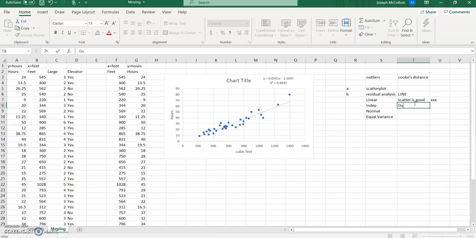Independence. You really should run a Durbin-Watson, but that is an advanced test. So what we do here is we think about the data. Independence is all about worrying about one value collected right after another value. Was time a component? That is, when this was collected, did it affect this value? Or did this value affect this value and how you collect it?